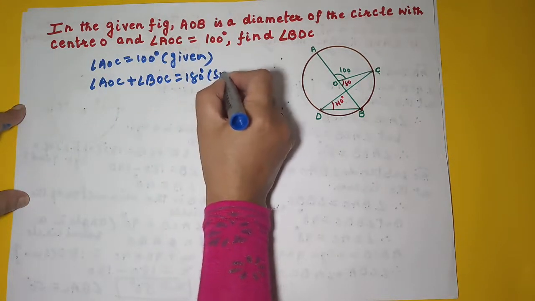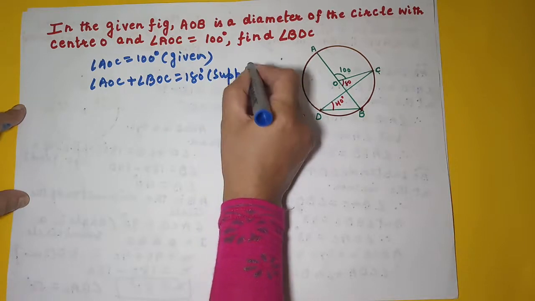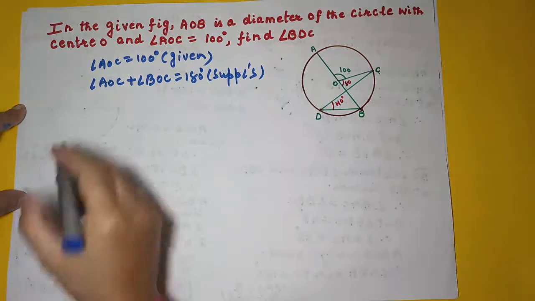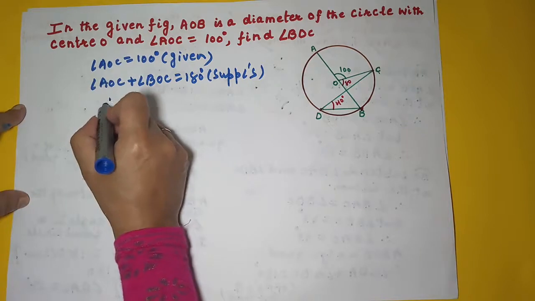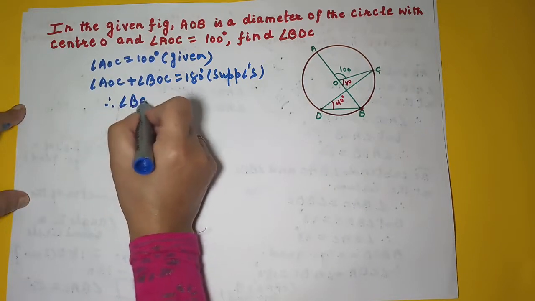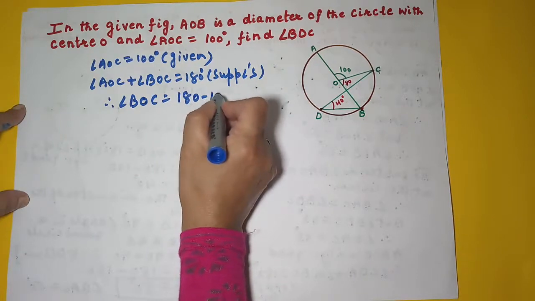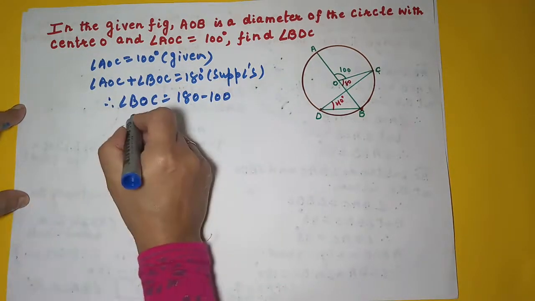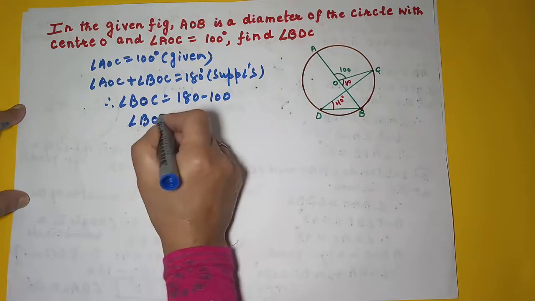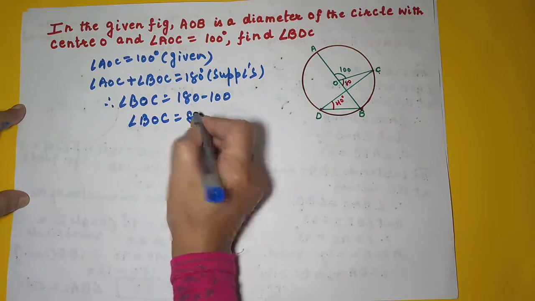Reason will be supplementary angles, because they are supplementary angles. Therefore, angle BOC will be equal to 180 minus 100, because AOC is 100. So I got angle BOC as 80.